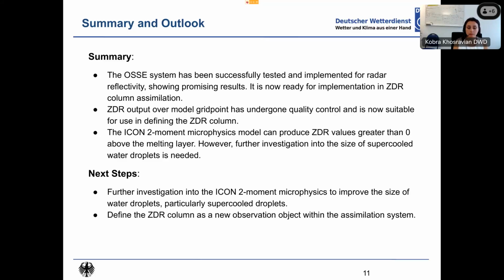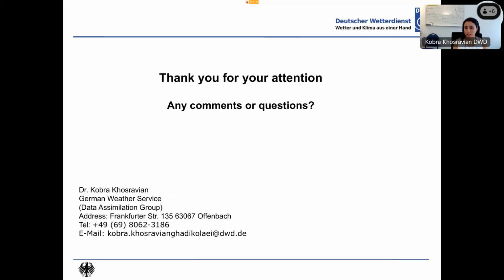After that, the next step would be to define the ZDR column as a new observation object, the same as the reflectivity object, in our assimilation system. So thank you for your attention, and I would be happy to answer any questions.